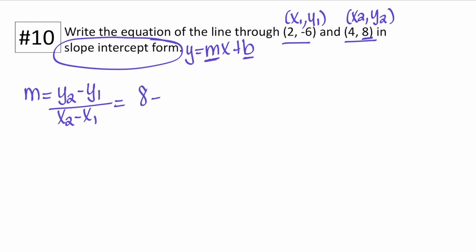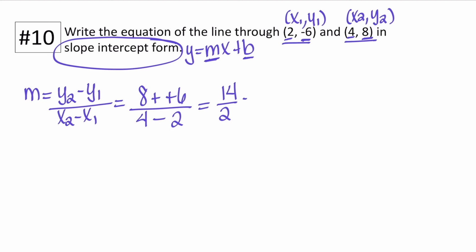I have 8 minus y1, which is negative 6, over x2, which is 4, minus x1, which is 2. So now let's simplify this. 8 minus negative 6 is going to be 8 plus 6, which is 14, over 4 minus 2, which is 2.